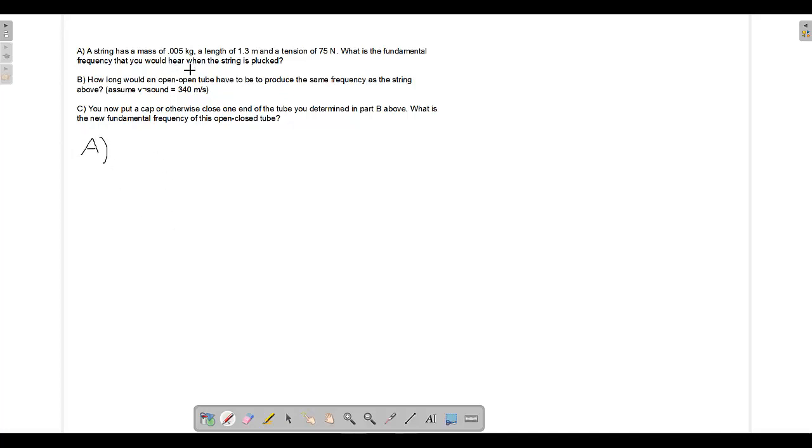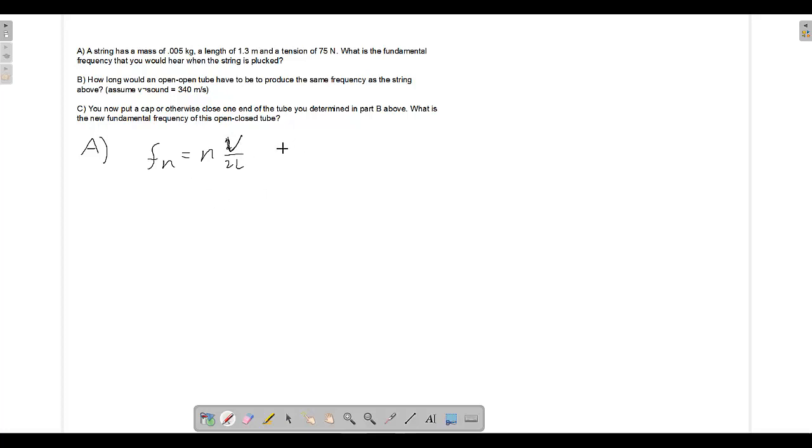So it has a mass of 0.05 kilograms and a length of 1.3 meters. The equation we're going to need to find the fundamental frequency is the equation for the frequency of the nth harmonic for a string, which is F_n = n times v over 2L, where n is the harmonic number, v is the speed of the wave in the string, and L is the length of the string.